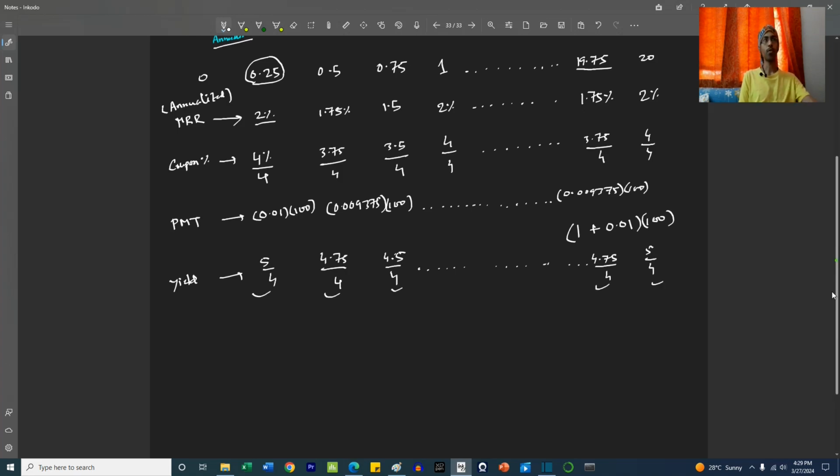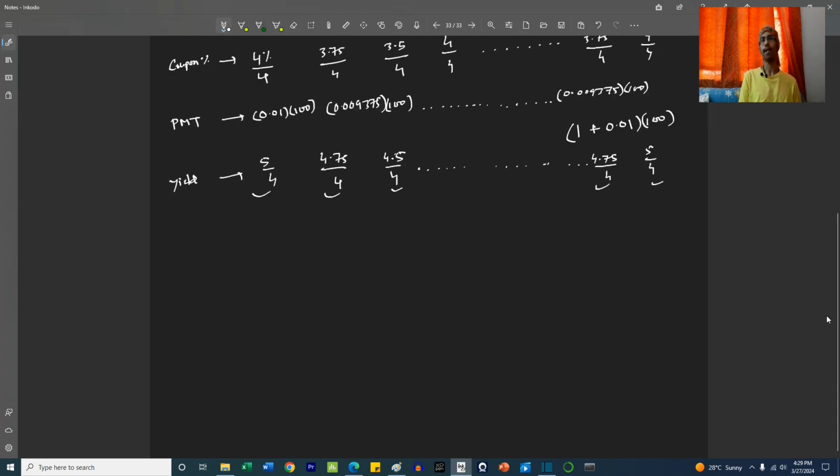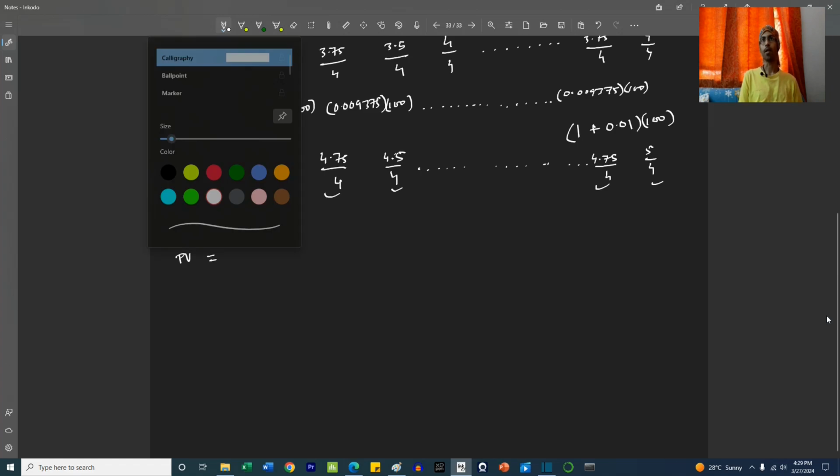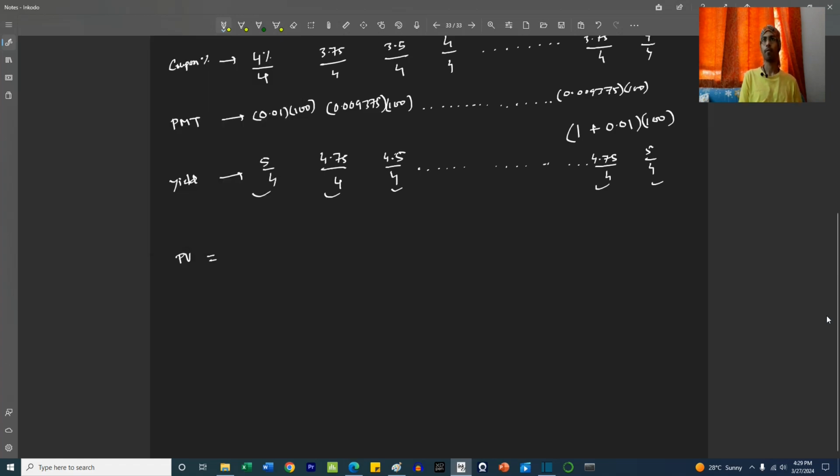Now we are in a position to find the expression for the present value, guys. Present value, say for the first one, is 0.01 into 100 by 1 plus 1.25 by 100.